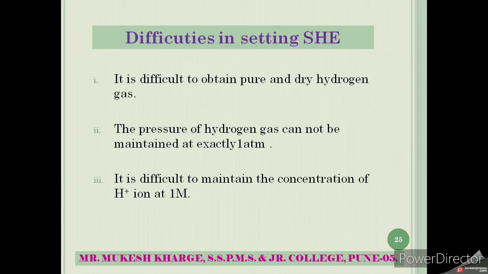The reason behind this is, due to the bubbling of hydrogen gas into the solution, evaporation of water may take place, and this results in changing the concentration of your H plus ion solution. So that's why it is difficult to maintain the concentration of H plus ion solution at 1 molar.